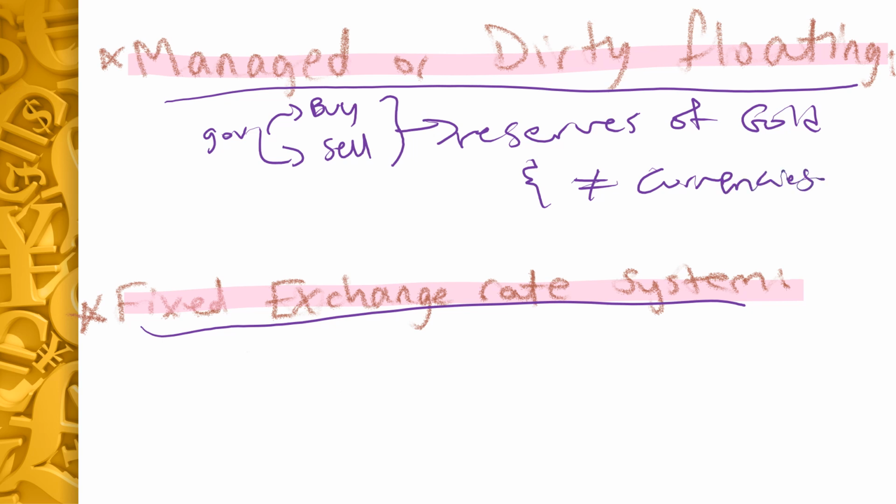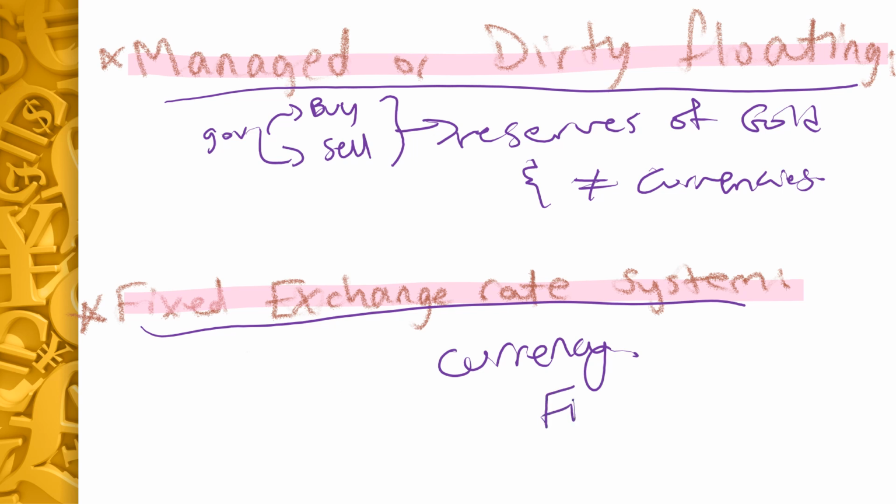When I am talking about a fixed exchange rate system, here the government or the central bank acting on the government's behalf will intervene by buying or selling its own currency, not a different currency here, in order to keep the value of its currency the same or close to a desired exchange rate target.